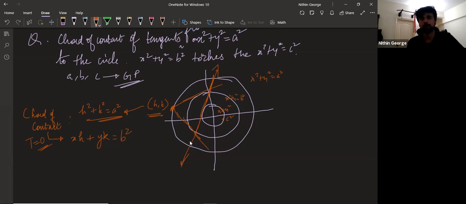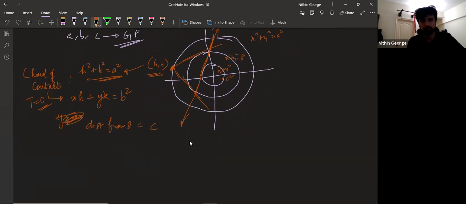Now, this will be tangent to the third circle. You can write this in y equal to mx plus c form, or since this is tangent to the third circle, you can say the distance from the origin is equal to the radius, which is c.